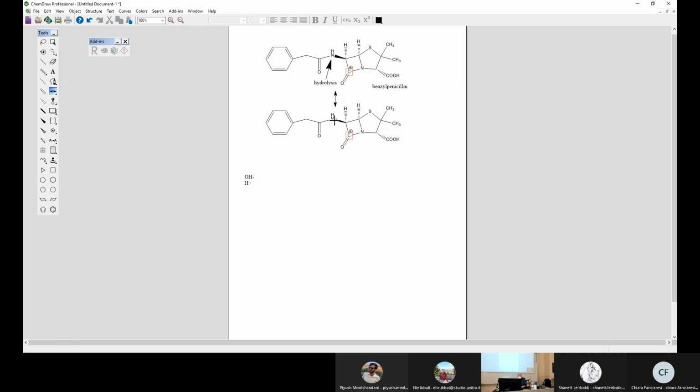When you have a mobile proton, the proton can be shifted onto the oxygen.